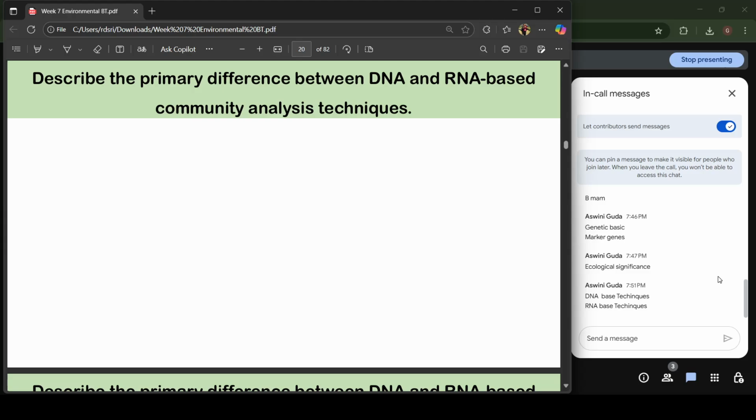Ashwini, only a DNA based technique and an RNA based technique, that is all there is. Are you typing something else also?